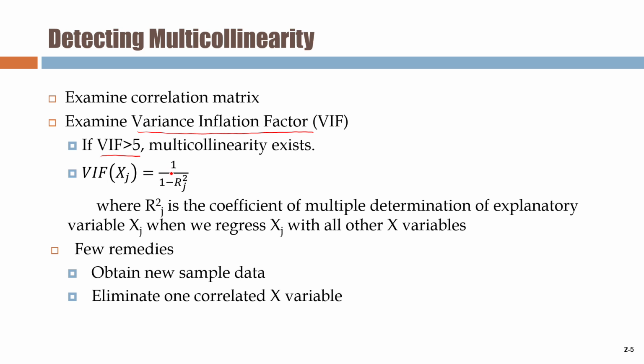But we can tell this variable has a pretty high correlation with the other variables. Here, the R squared j is the R squared from regressing x j on the other variables, without j.